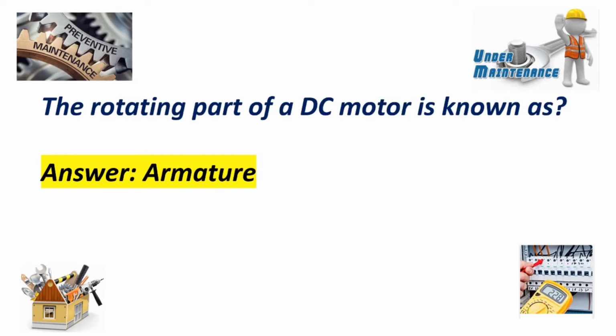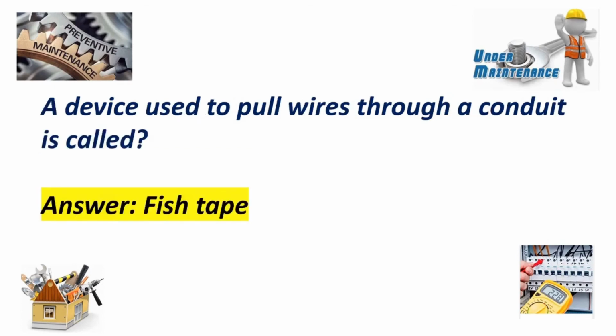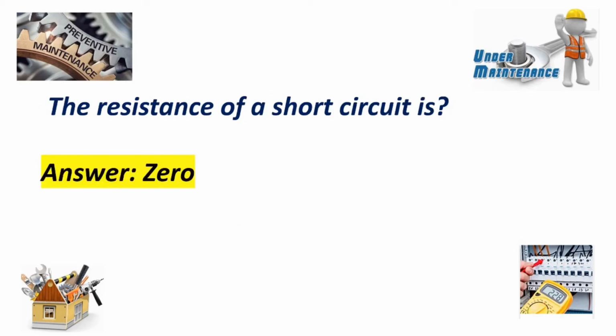The rotating part of a DC motor is known as armature. The device used to pull wires through a conduit is called a fish tape. The resistance of a short circuit is 0.